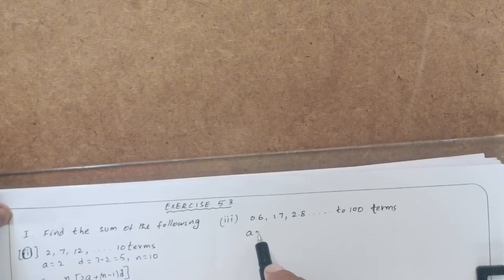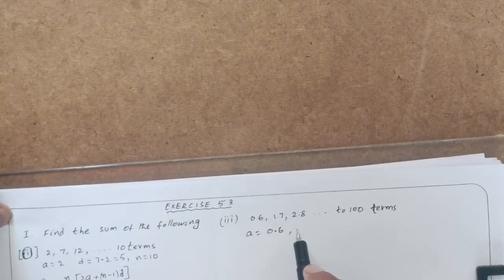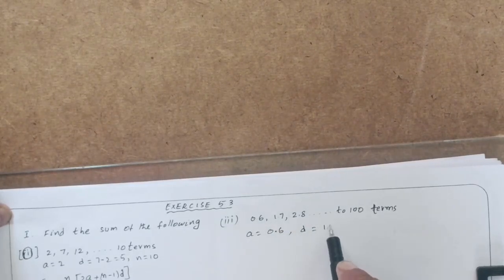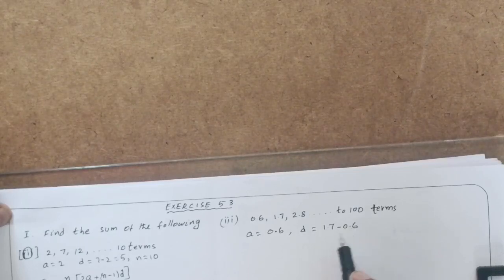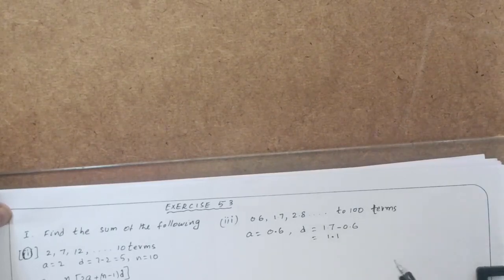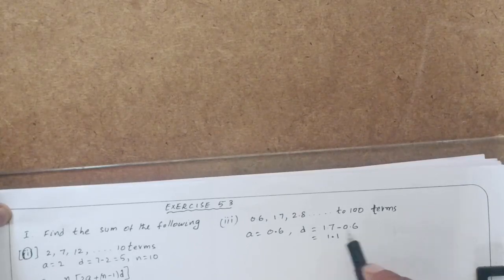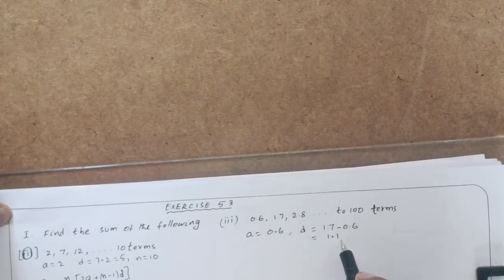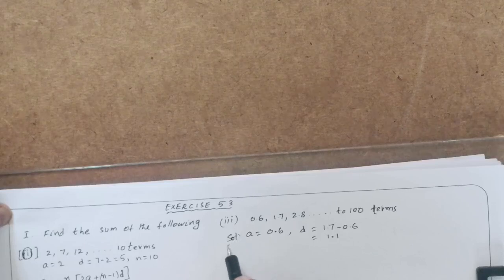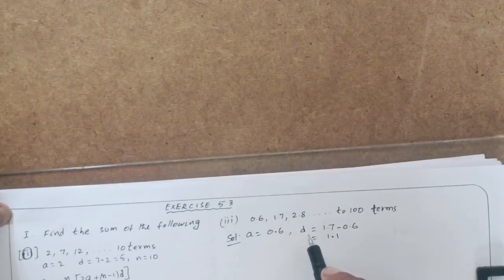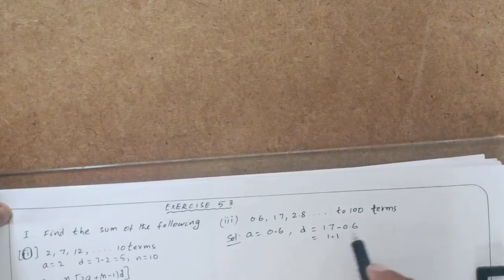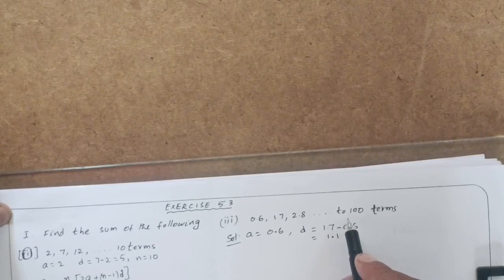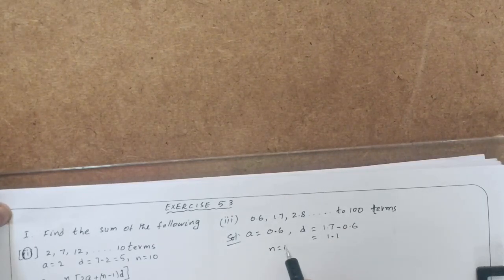Here a equals 0.6, d equals 1.7 minus 0.6, that is equal to 1.1. Similarly, 2.8 minus 1.7 is also 1.1. So a is equal to 0.6 and d equals 1.1. How many terms of the sum do we have to find? 100 terms. Here n equals 100.